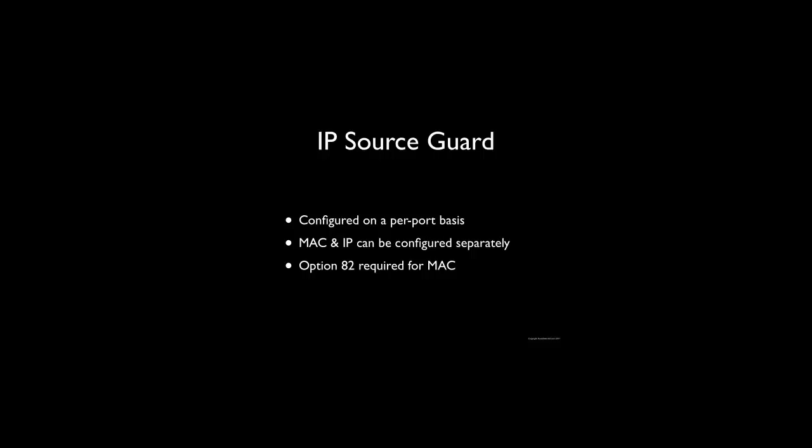But otherwise, it's configured on the interface with the ip verify source command, or you can create the bindings yourself manually with the ip source binding command, where you essentially take the MAC address associated with the VLAN ID, the IP address of the interface, and the interface ID that information is operating on. So let's take a look at what it looks like in CLI to get a better understanding of IP source guard.